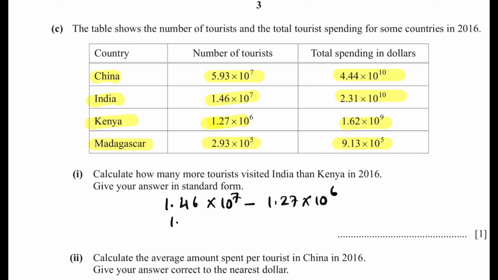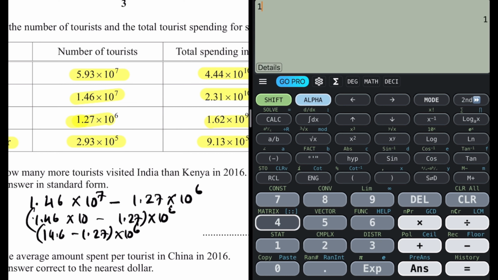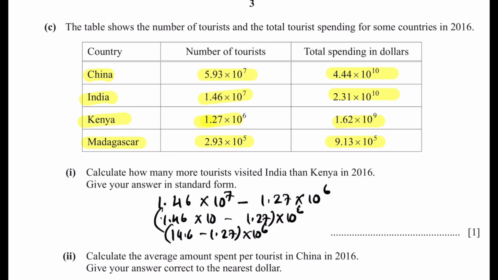Simplify: 14.6 minus 1.27 into 10 to the power 6. 14.6 minus 1.27 is becoming 13.43 into 10 to the power 6. So if it goes here, 1.343 into 10 to the power 7.